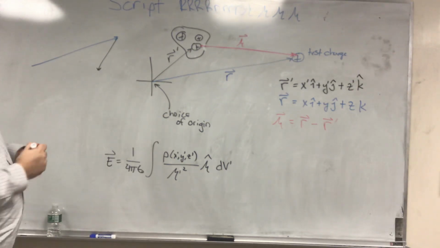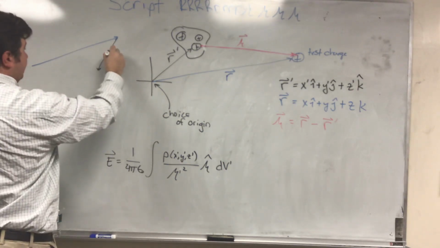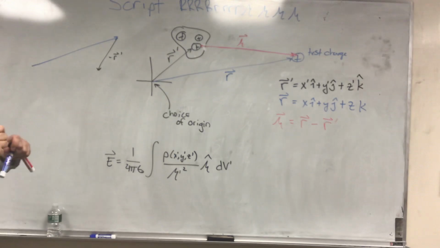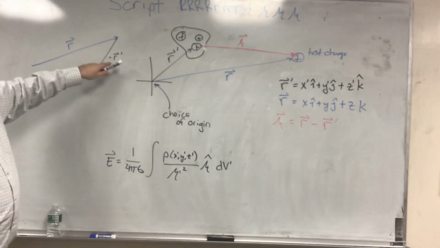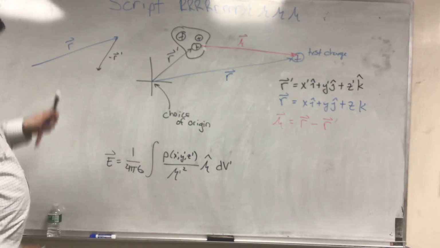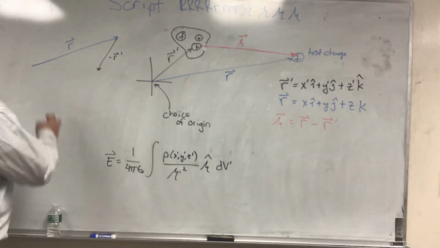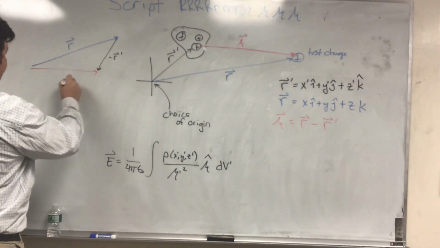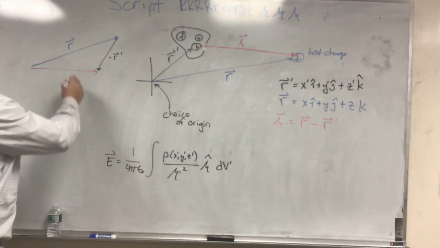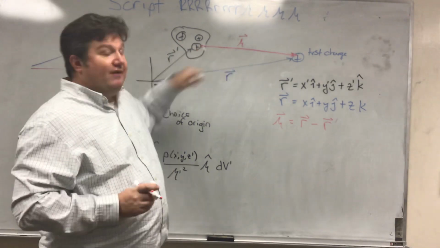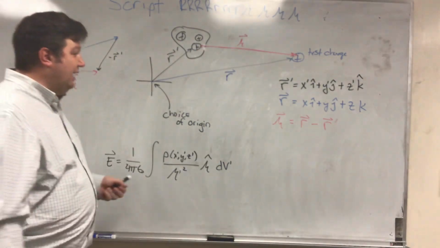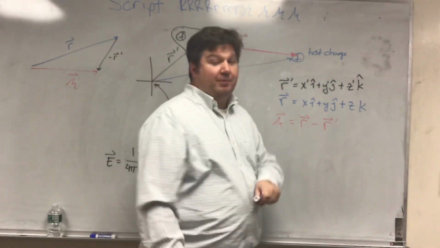And then this is minus R prime, and then I just add those vectors like they're normal, right? So R plus minus R prime gives me the following vector, which is script R, right? So this vector and that vector are the same vector, right? And it's R minus R prime.